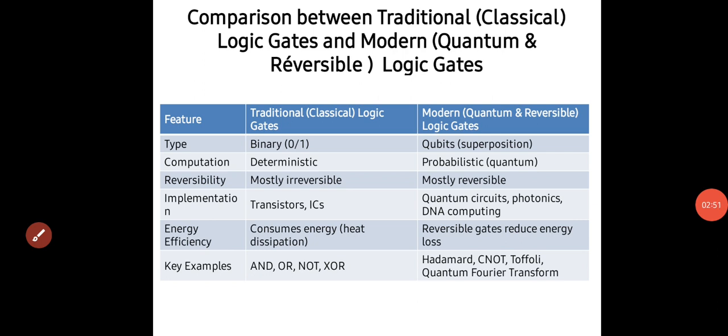What are the key examples? We will see in the next slide: AND, OR, NOT, XOR, truth table or logic gate. In modern or quantum: Hadamard, CNOT, Toffoli, quantum Fourier transform.